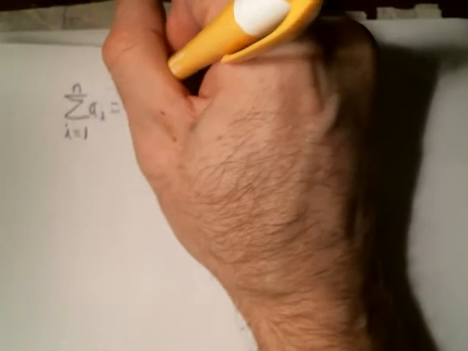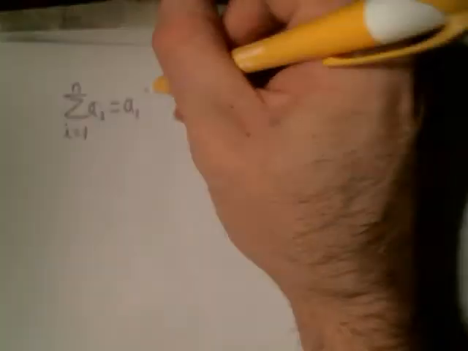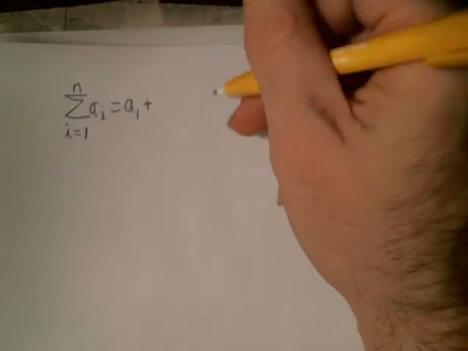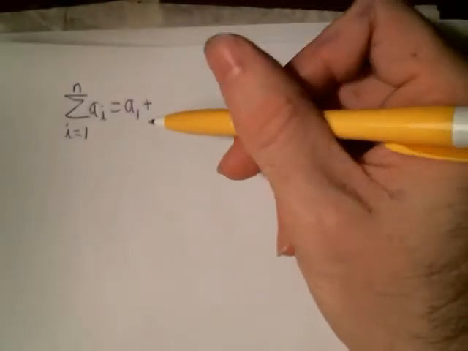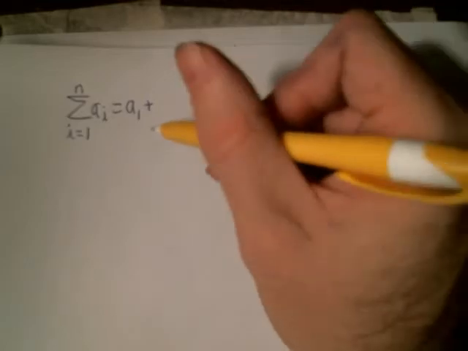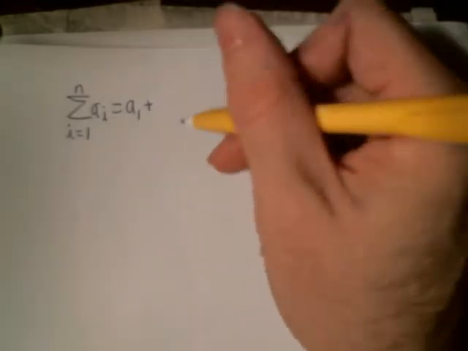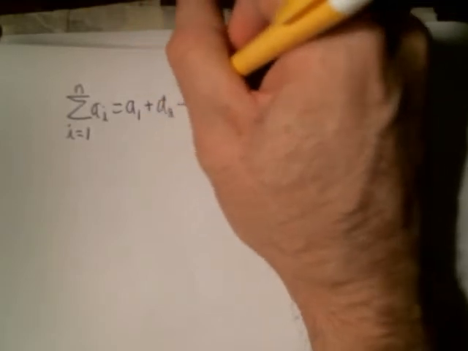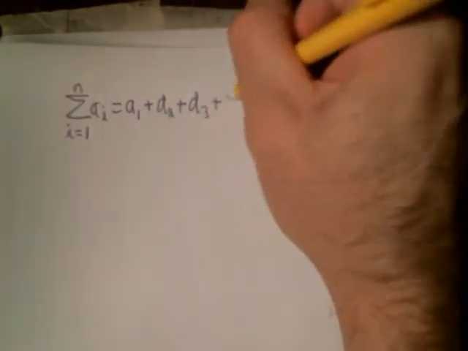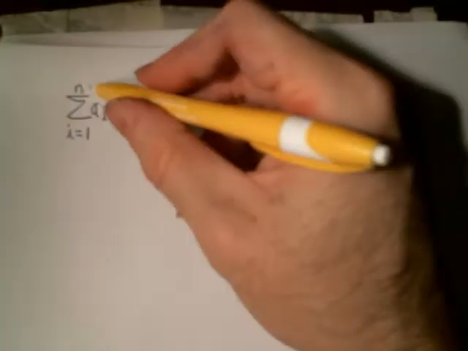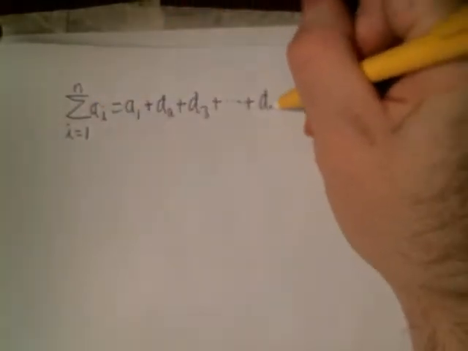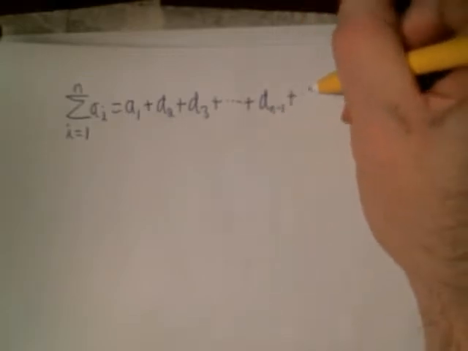So when I put 1 in there, I'll have a of 1 or a sub 1, and then it's a summation, so you're adding all these things together. So it's basically like a sequence, except you put an addition symbol in between the terms. Right? So a sub 1 plus a sub 2 plus a sub 3 plus dot dot dot plus the one before n, which is n minus 1, and then finally a sub n.